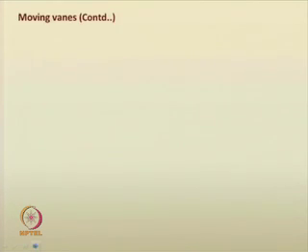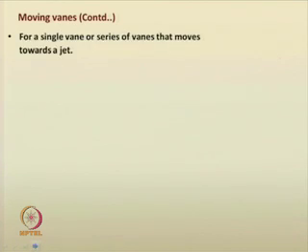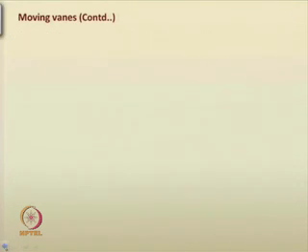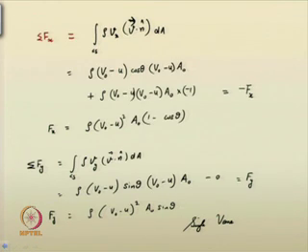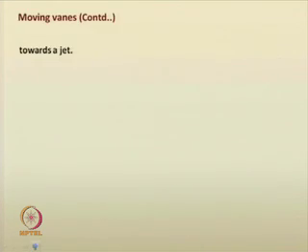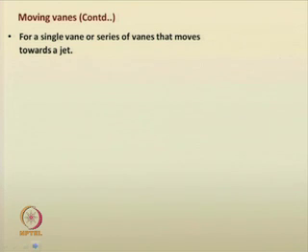Similarly, if you consider a series of vanes, these things can be further integrated. Okay. I will just show it later. Let me continue with a single vane or a series of vanes that moves towards a jet.